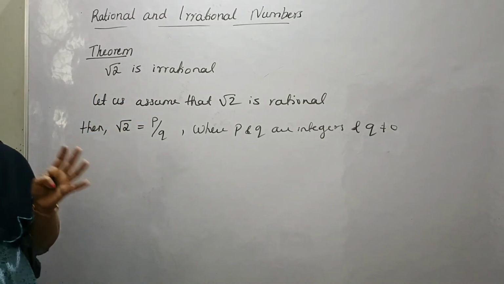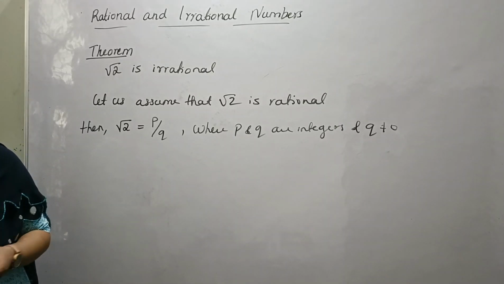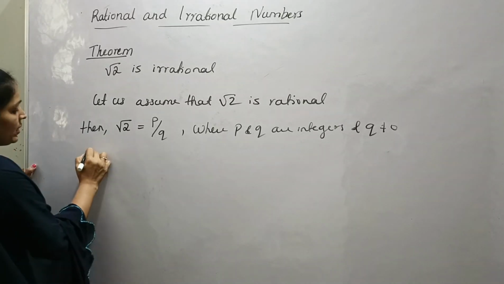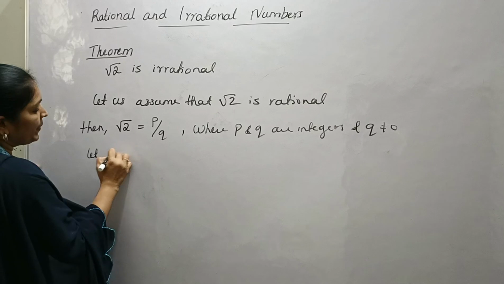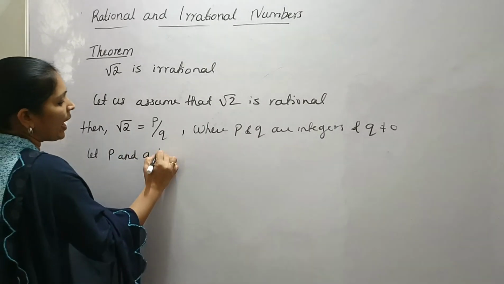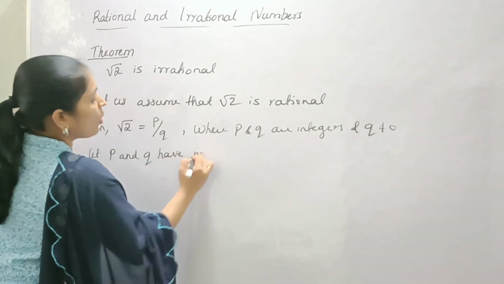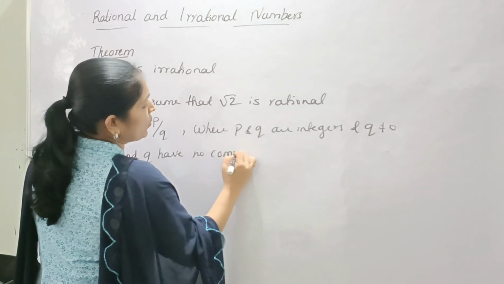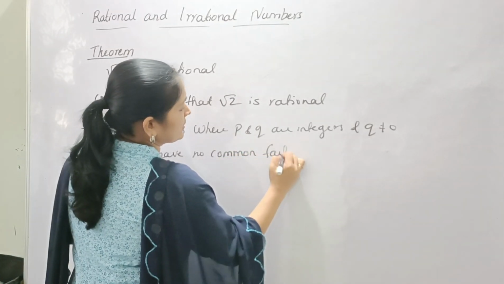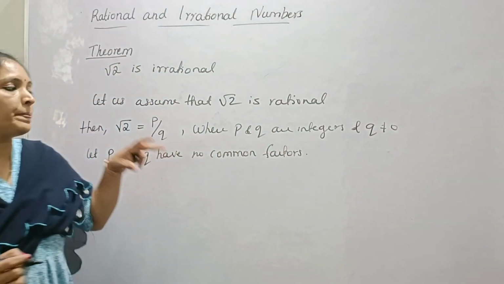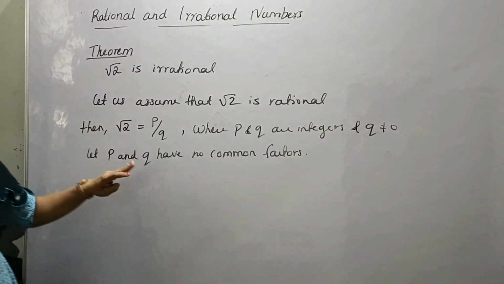Co-prime integers means a pair of integers having no common factors. So let p and q have no common factors. They are integers, but they don't have common factors.